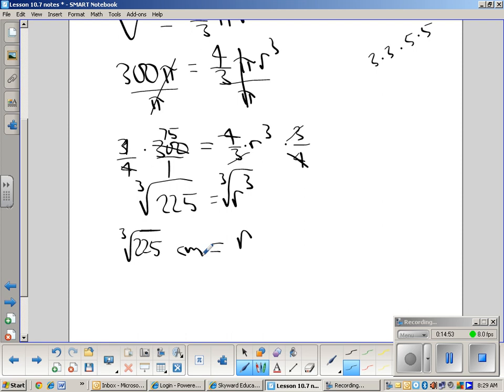I mean, 15 times 15 is 225. Right, isn't 15 squared 225? Yes. So it's gotta be smaller than 15.